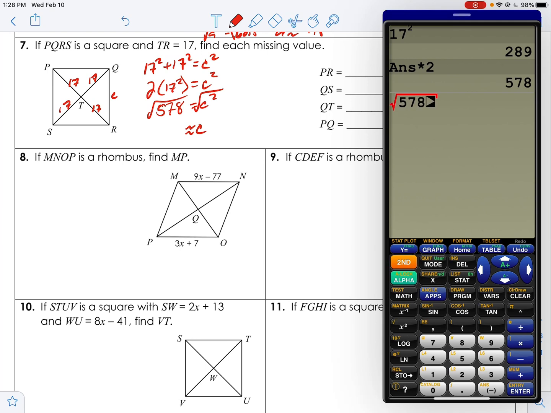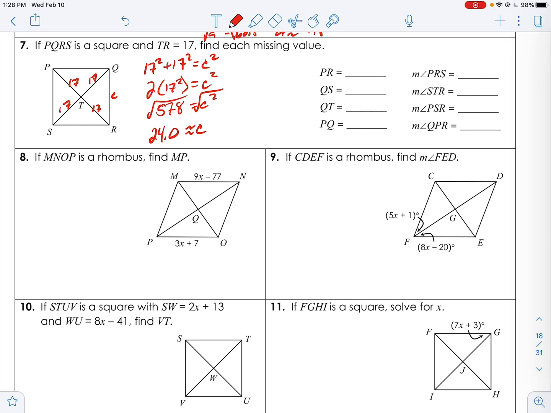C is approximately the square root of 578, 24.0. And we're going to do it to the 0.0 because we've been rounding the whole time to one decimal place. So I'm going to keep that going. Even though my decimal is a 0, it's significant. I know I rounded to that spot. So I'm going to include it whenever I put my answers. So this is 24.0, and this is 24.0, and this is 24.0, and this is 24.0.